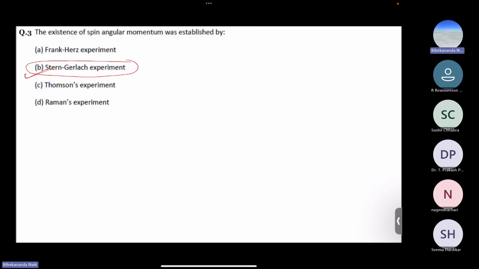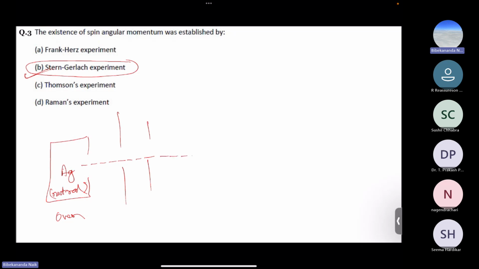So in the Stern-Gerlach experiment, what they did is, they took an oven. Suppose this is the oven. Then they heated silver atoms. These are neutral silver atoms. Then these atoms are passed through different slits for focusing.